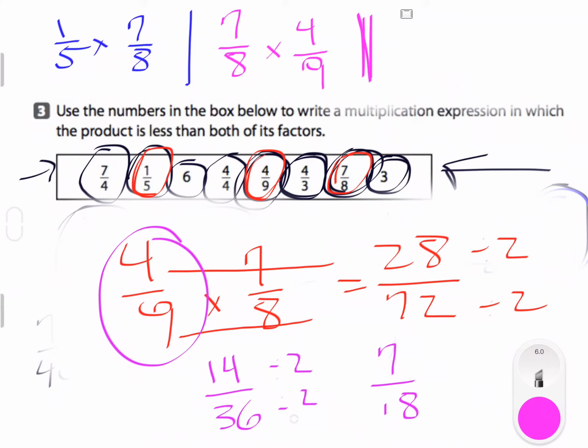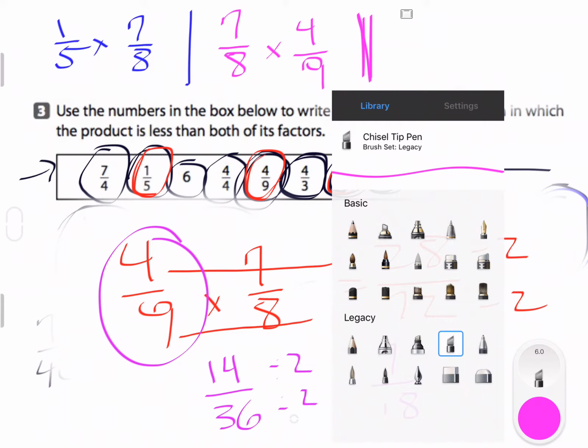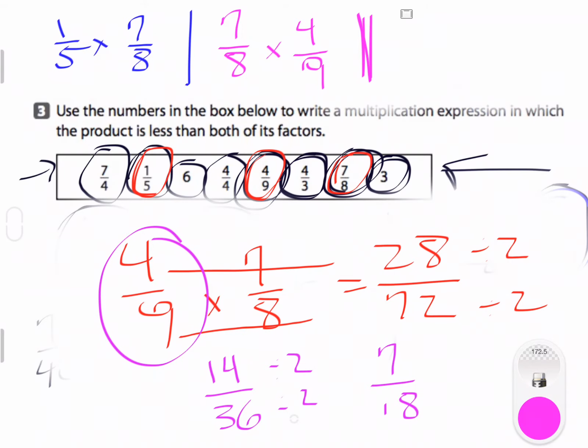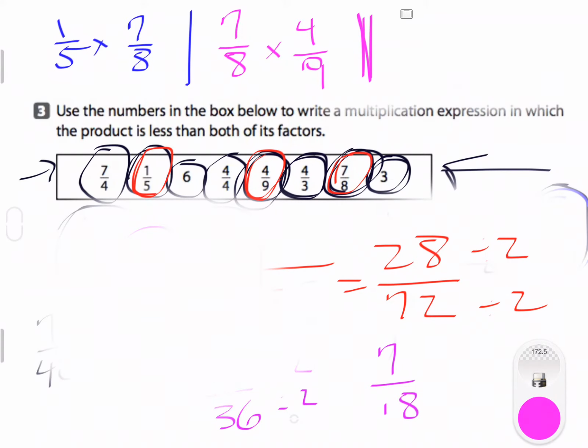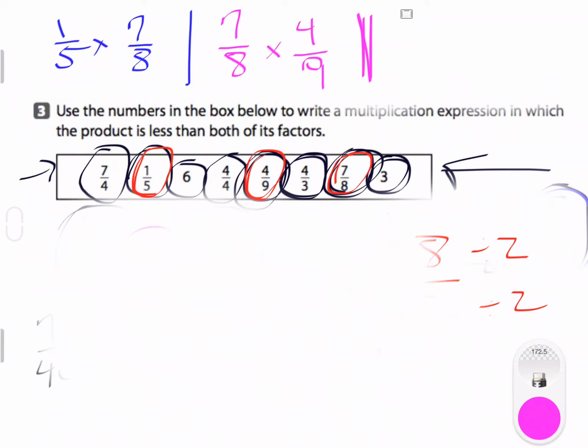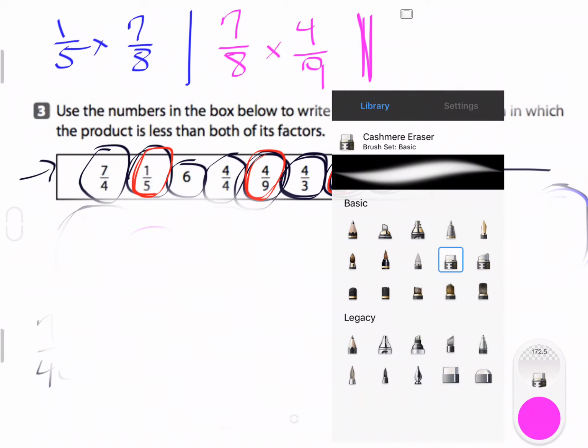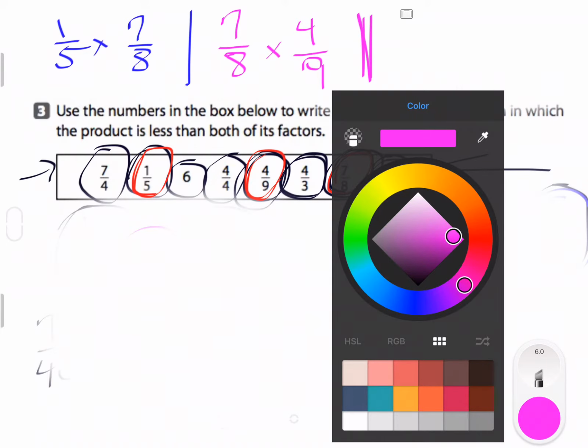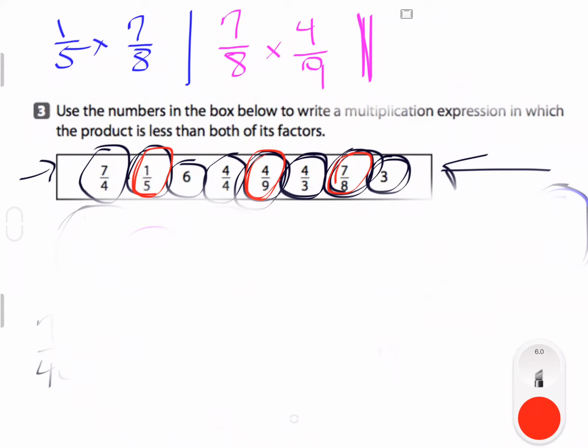And the one that we haven't done so far is going to be what? 1/5 times 4/9. Those two are both pretty small relative to 7/8. And we want to see if the number that we get when we're done is smaller than either one of them. So let's work that through.